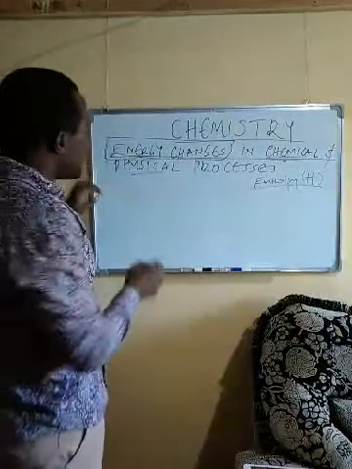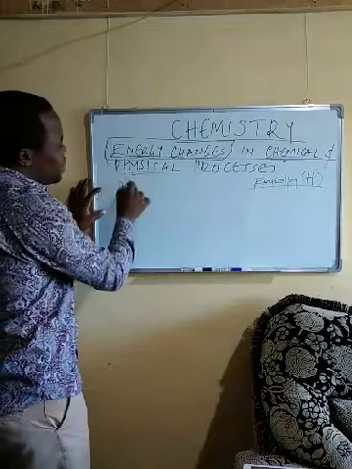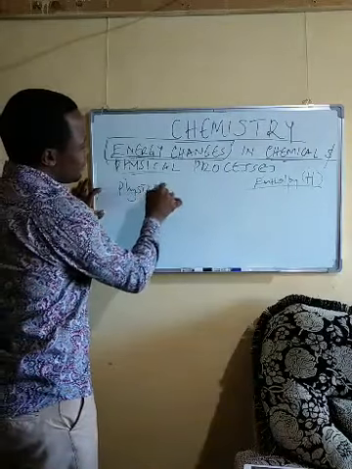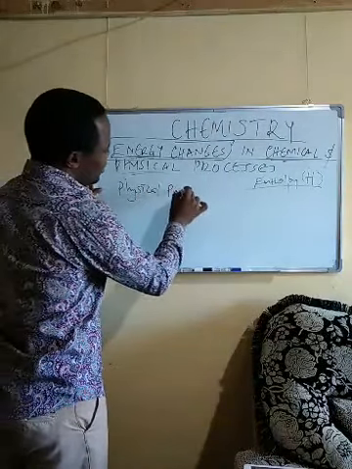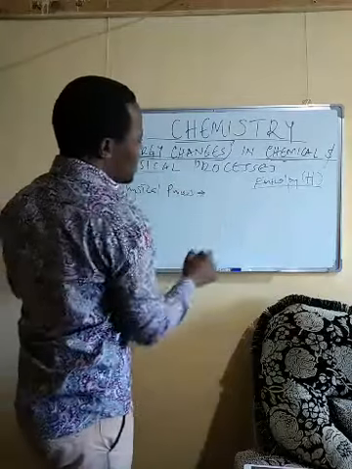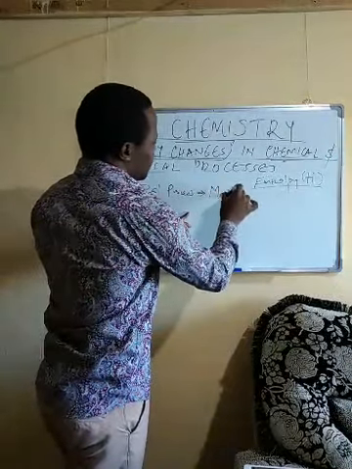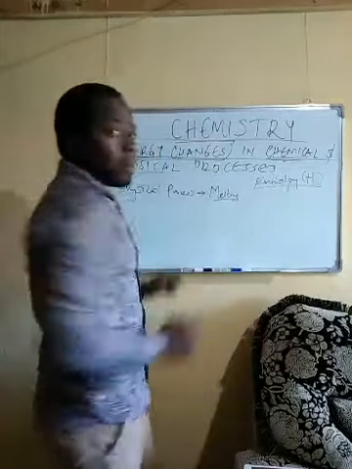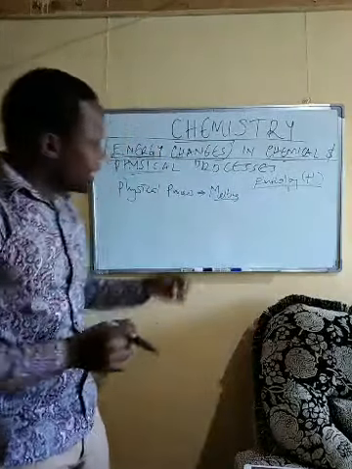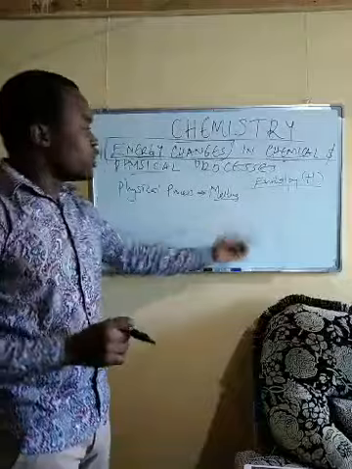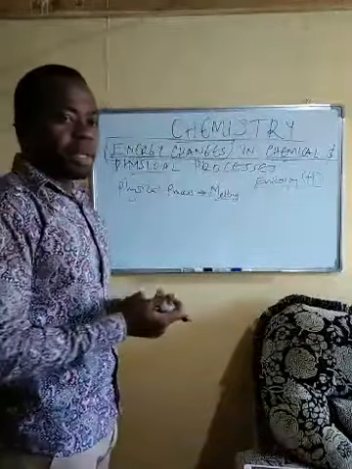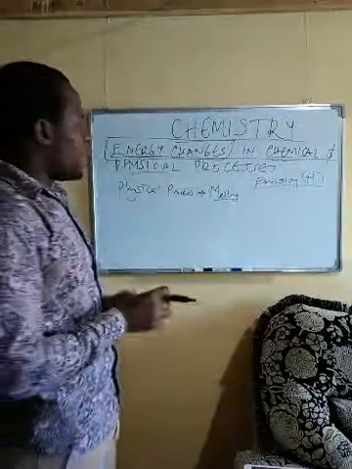I'm going to just list physical processes, and these ones include melting. Now we know that melting is the process in which a solid changes into a liquid when heated.